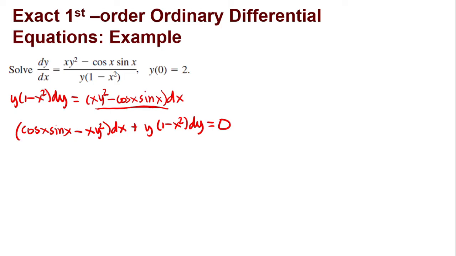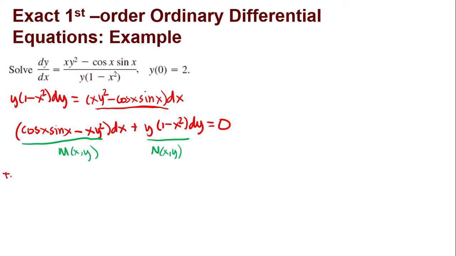Now our differential equation is in differential form. Based on this form, we can identify the values of M(x,y) and N(x,y). This one is our M(x,y) and this one is our N(x,y).